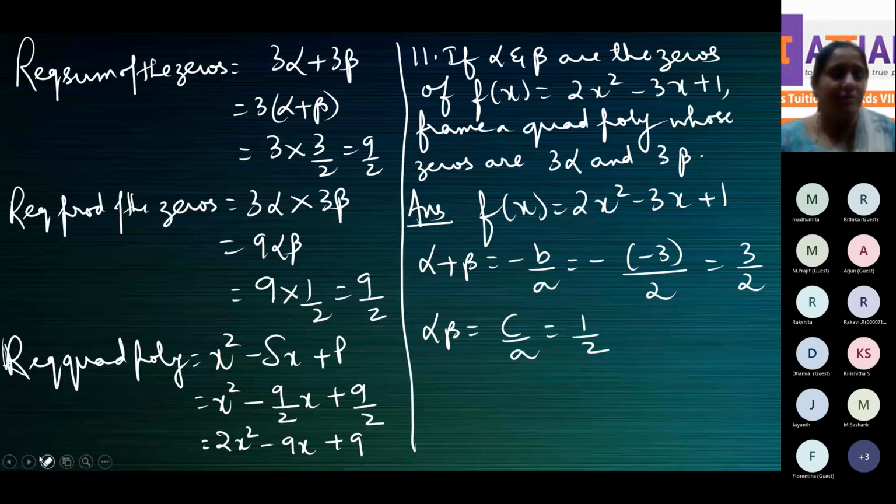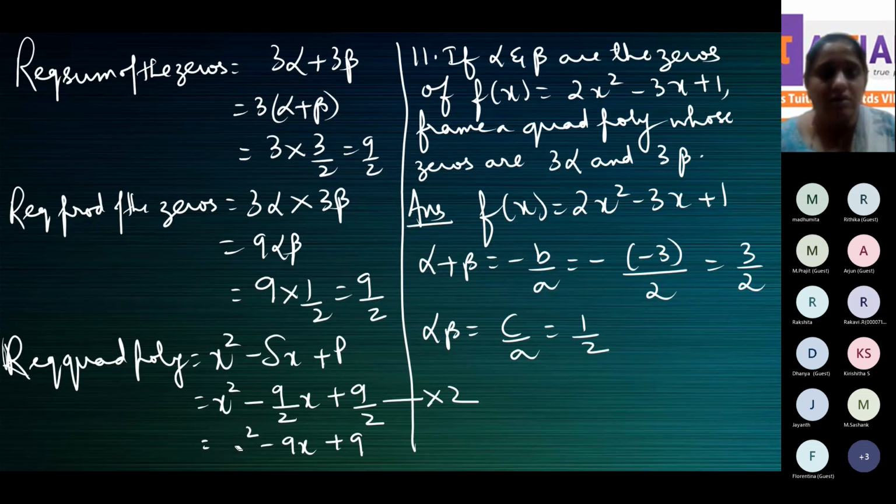We multiplied this by 2, and we got 2x square minus 9x plus 9. That's all. Or what you can do is, instead of multiplying by 2, you can take the LCM.